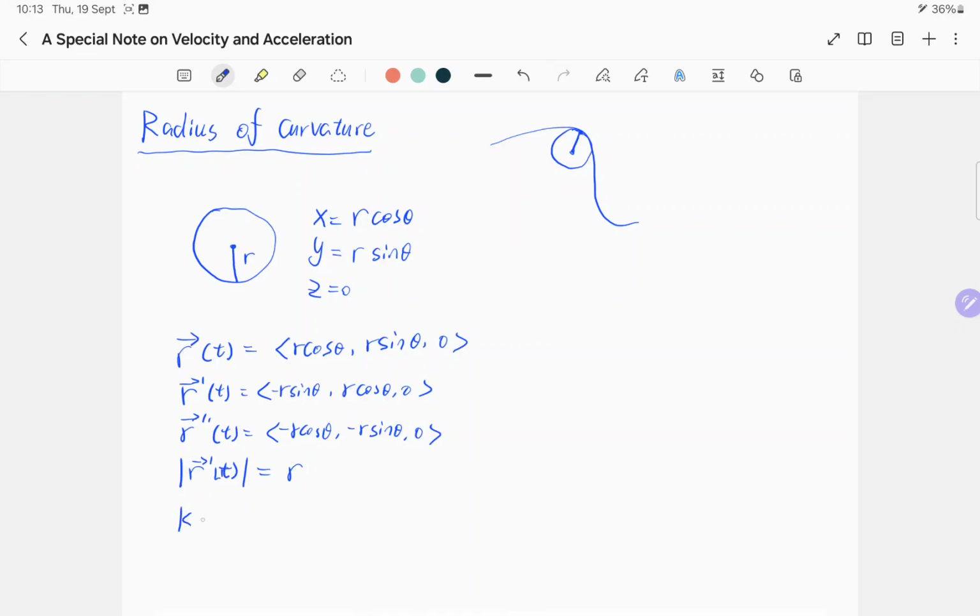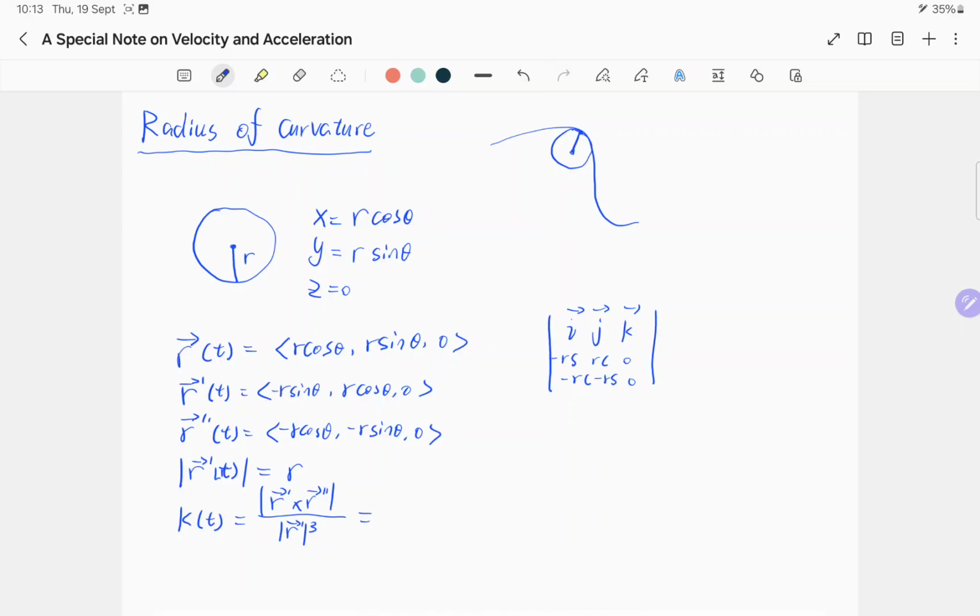By the formula, the curvature is equal to the magnitude of r prime cross r double prime divided by the magnitude of r prime to the power of 3, the 1, 2, 3 rule. So it is equal to the cross product of i, j, k, negative r sine, r cosine, 0, negative r cosine, negative r sine, 0.